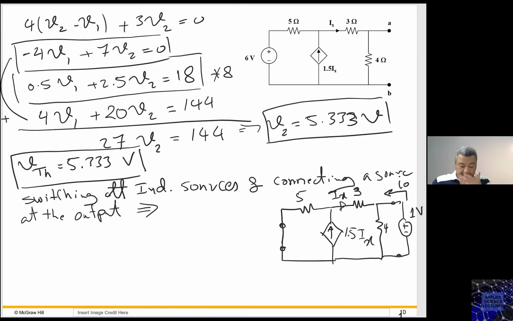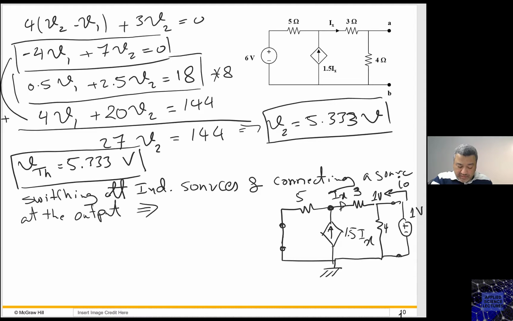Okay, so if I again do nodal analysis, I just give it a voltage of 1 volt. Yes, I need to calculate the I naught. So nodal analysis: the voltage here is known now. This voltage here is 1 volt, so I don't need to write it. I only need to write one nodal equation here.